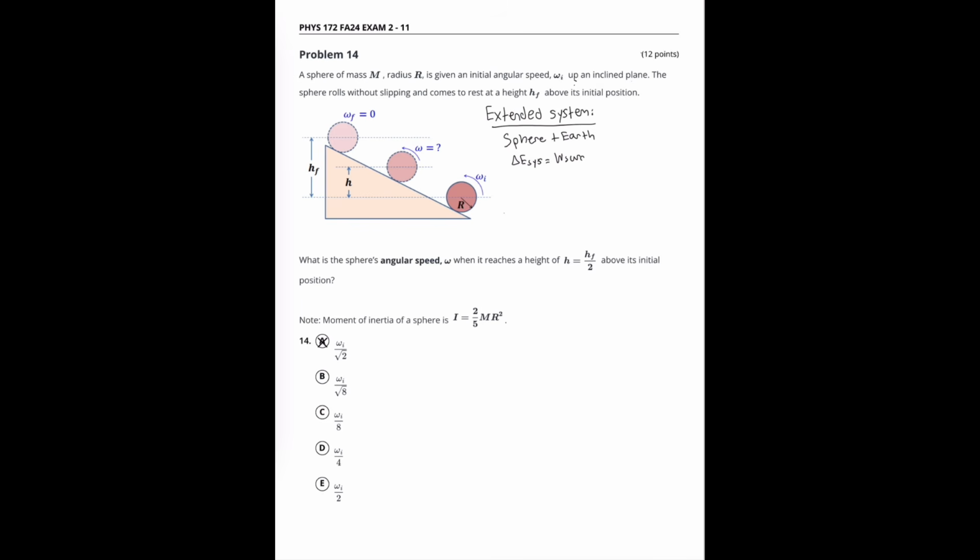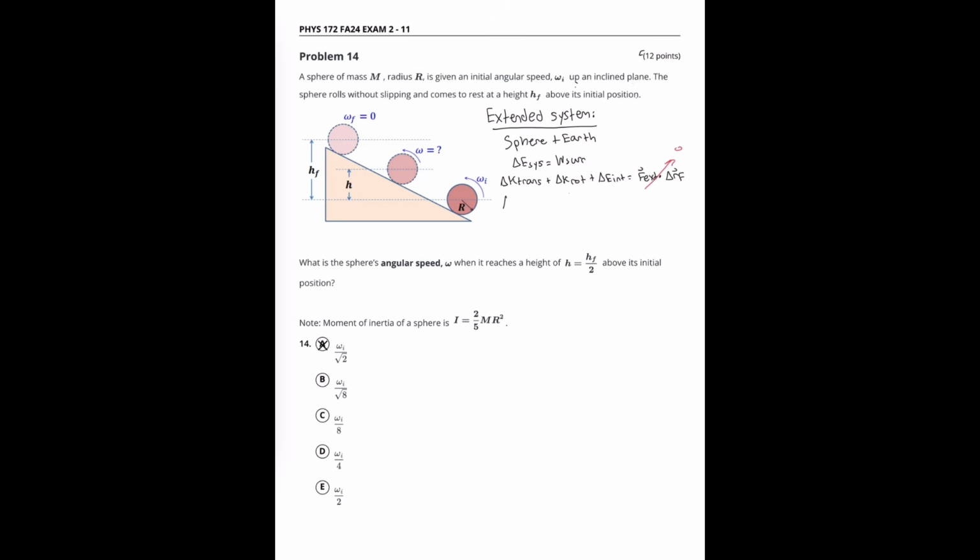So we have translational kinetic energy, plus rotational kinetic energy, plus the change in internal energy is equal to F external times the change in distance of that force. In this case, we don't have any external forces, so that will cancel out to be 0.